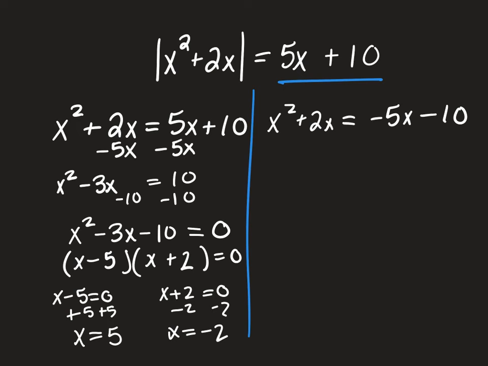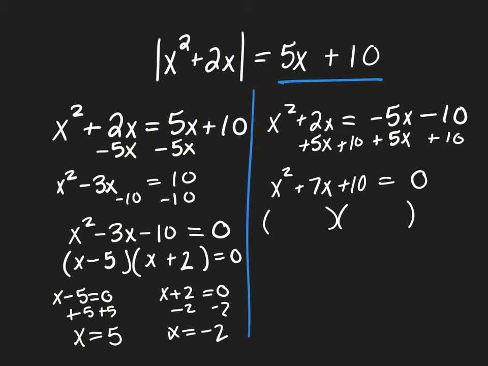Alright, and then we're going to do the same thing on the other side. So we're going to add our 5x. So we get x squared plus 7x, and then we're going to add the 10 over. So plus 10 equals 0. And again, this one works out nicely because we can easily factor it. So it's a positive 10, so we have a positive 2 and a positive 5, which add up to 7.